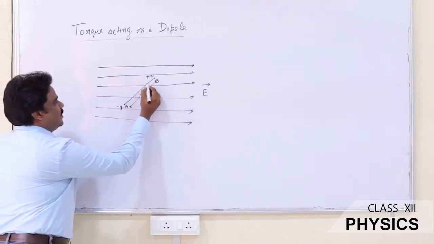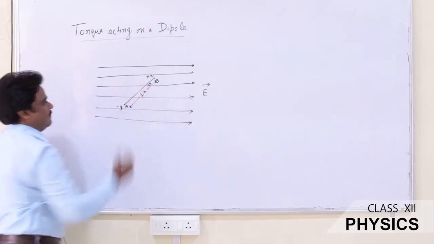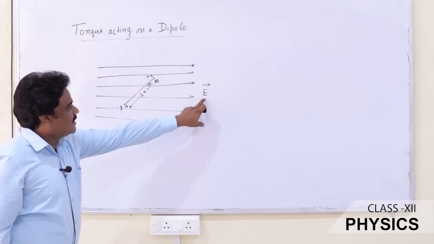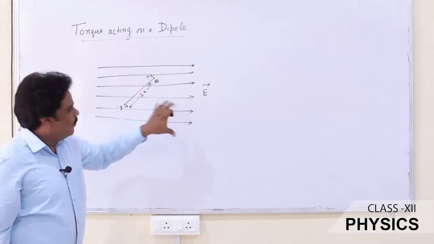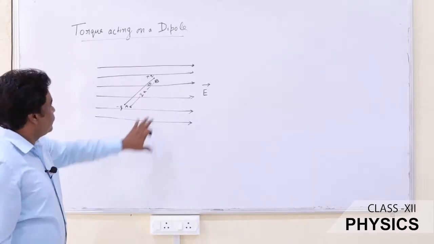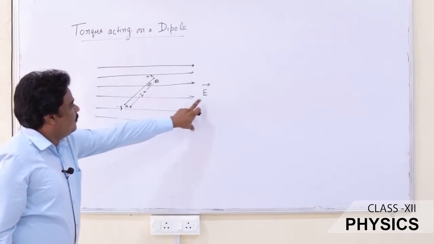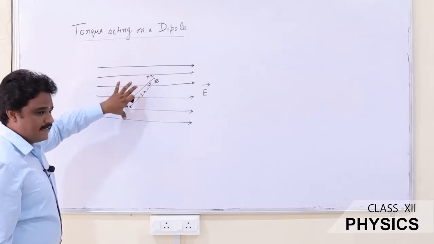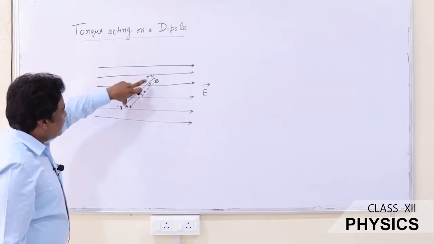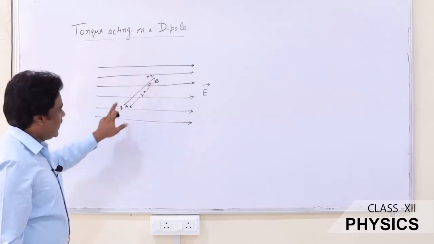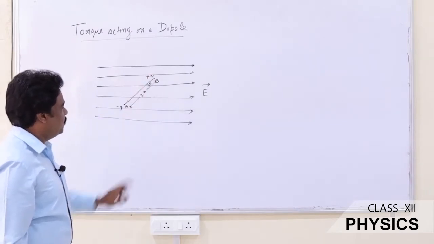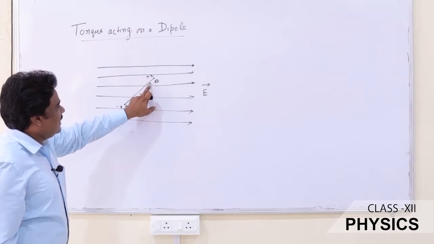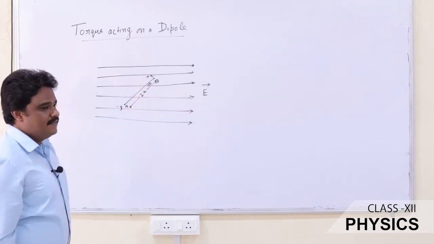Let the dipole be placed making an angle theta with the direction of electric field. Once again, we considered a uniform electric field, E vector. In this electric field, we placed an electric dipole AB with charges minus Q and plus Q with a separation 2A. The dipole is kept at an angle theta with the electric field.